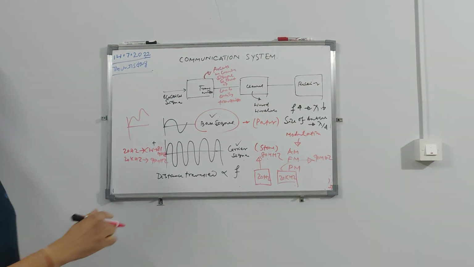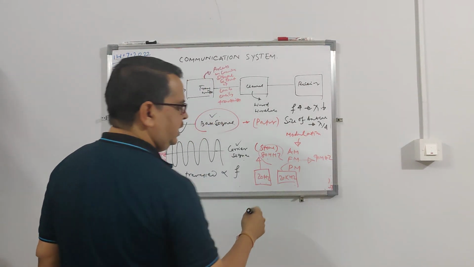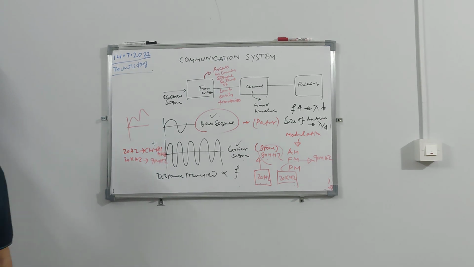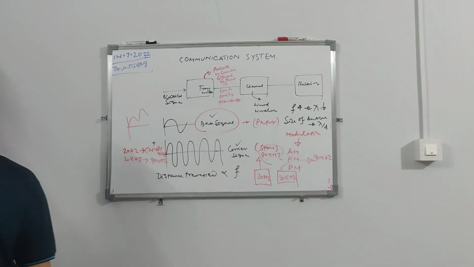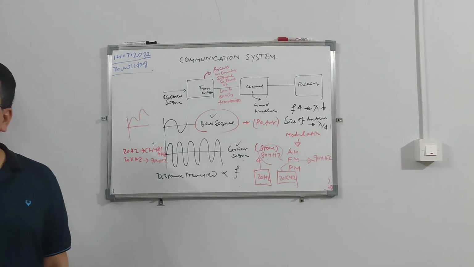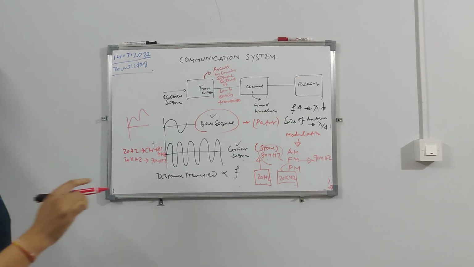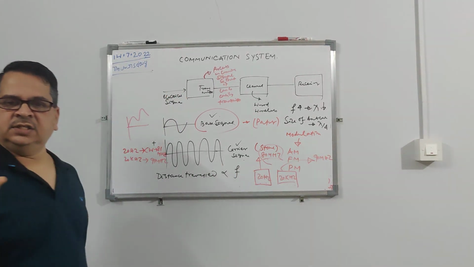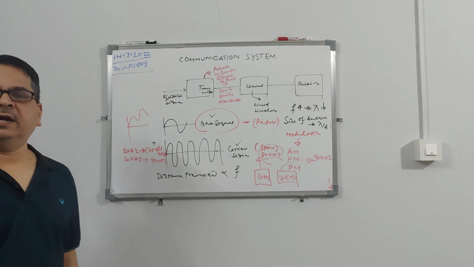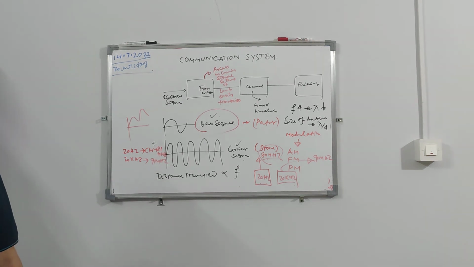Say you have a radio station called Kotak and another called New Delhi. Kotak is given, say, 80 megahertz as its bandwidth. Say it is given 75 to 80 megahertz. You can operate in this.